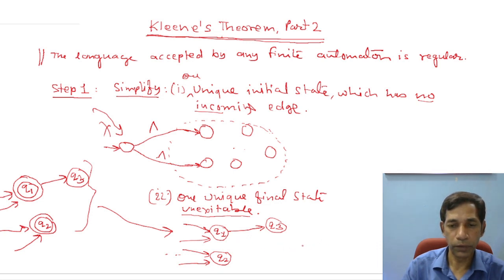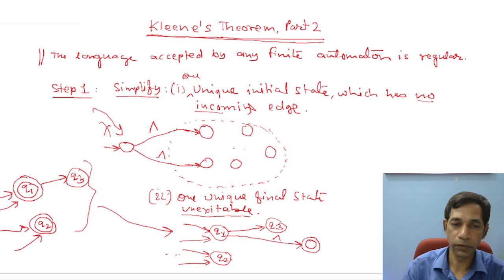So we need to make one unique final state. Say this is the unique final state. From the final state q1, you have to transit to the unique final state by using a null transition.